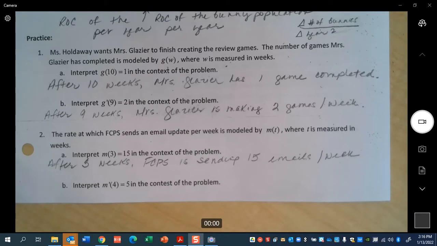So because this is already given to me as a rate, here it's not. Here, this is an input output, 10 weeks, 1 packet. After 9 weeks, I'm making 2 games per week. This is already a rate. After 3 weeks, Fairfax County is sending 15 emails per week.